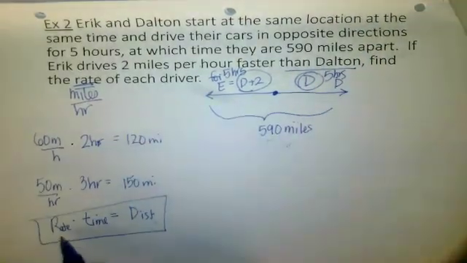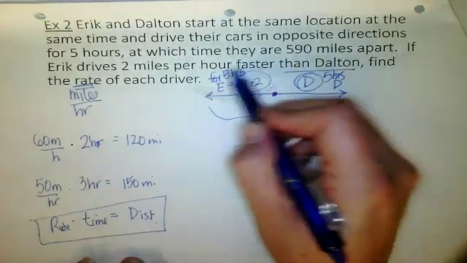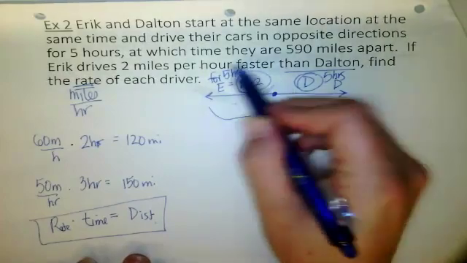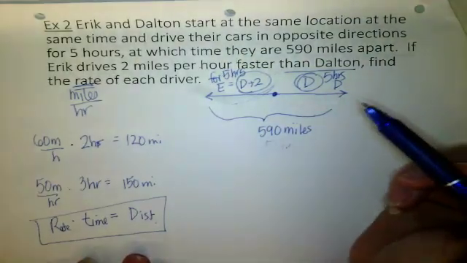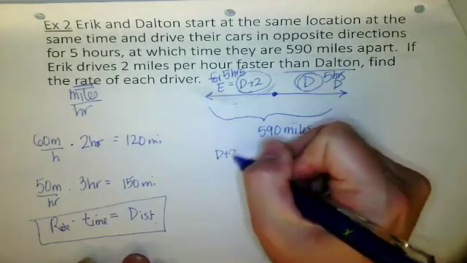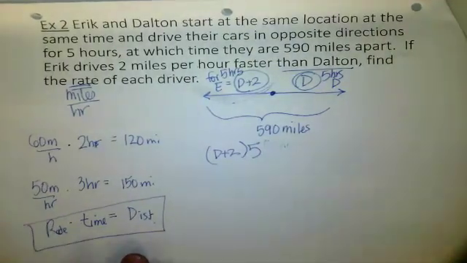So if we know that rate times time is going to equal distance, let's figure out the distance that Eric went. So how am I going to find Eric's distance? D plus 2 times the 5 hours. That's going to give me just Eric's distance.